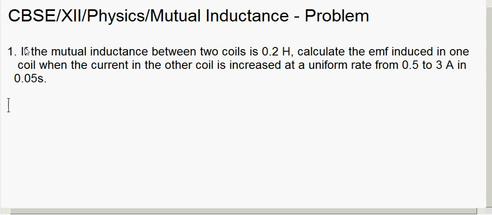If the mutual inductance between two coils is 0.2 Henry, calculate the EMF induced in one coil when the current in the other coil is increased at a uniform rate from 0.5 to 3 ampere in 0.05 seconds.